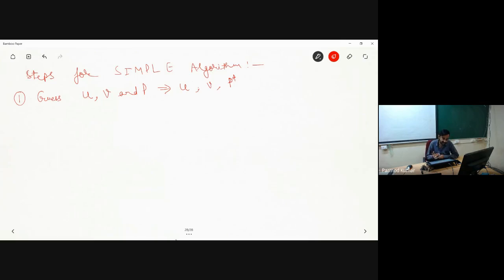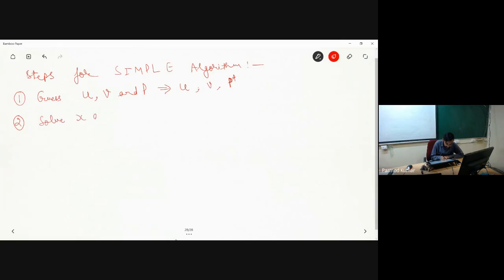But before that, while solving the X momentum equation, the coefficients have some dependence on neighboring nodes also. That's why we first guess all our velocity field and pressure field, and the pressure corresponding to that we call P star. Then what is the second step?